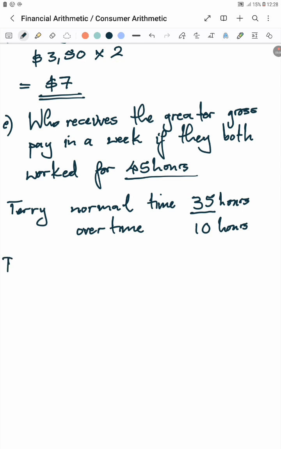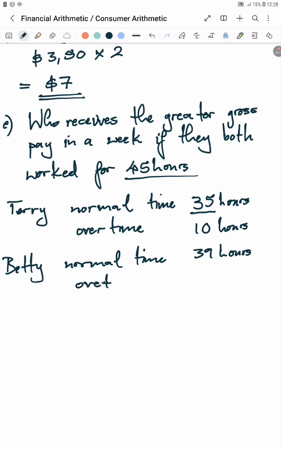And then we look at Betty. Normal time for Betty will be equal to 39 hours, and overtime will be equal to 45 minus 39, which gives us 6 hours.